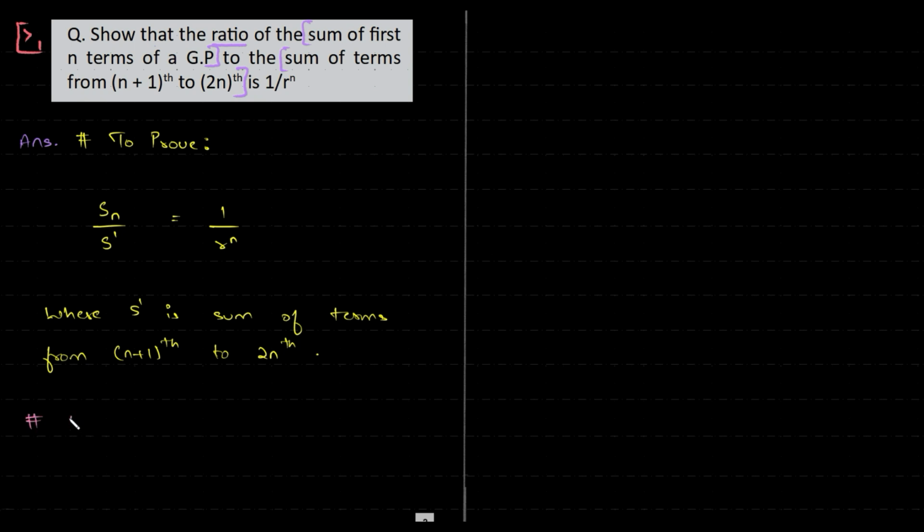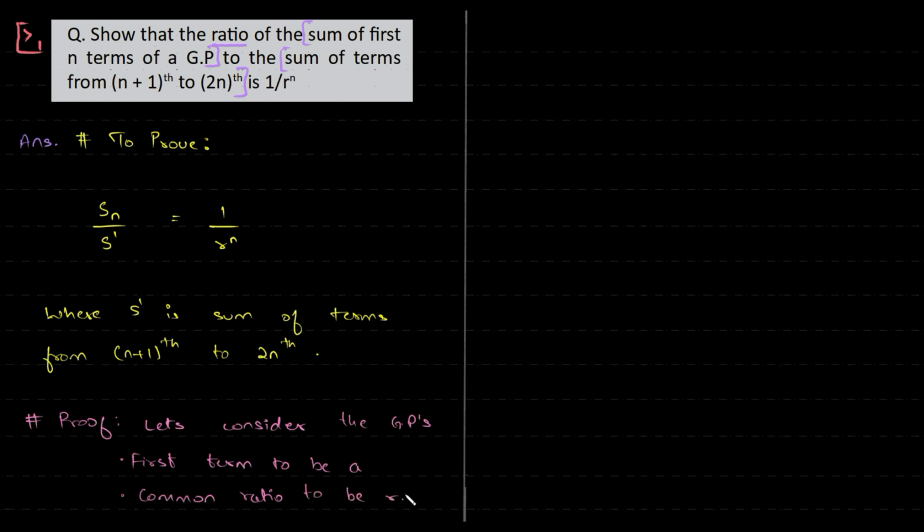So we'll start the proof with, let's consider the geometric progression. First term to be a and common ratio to be r.